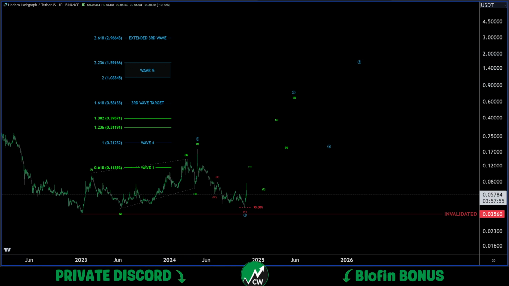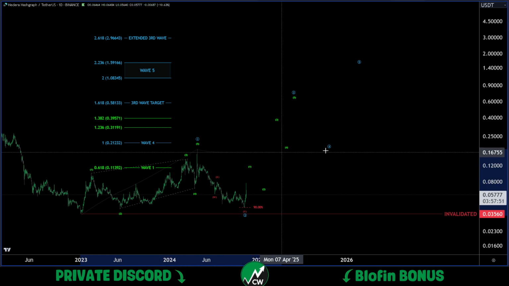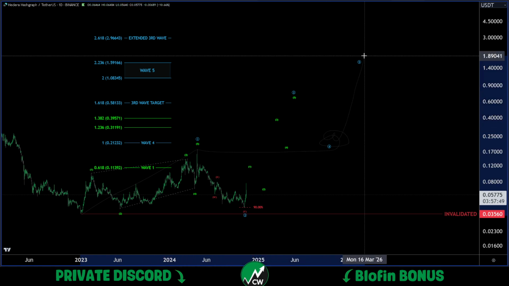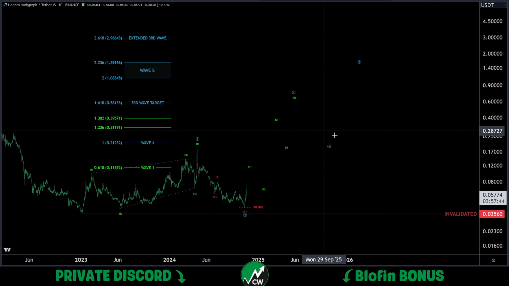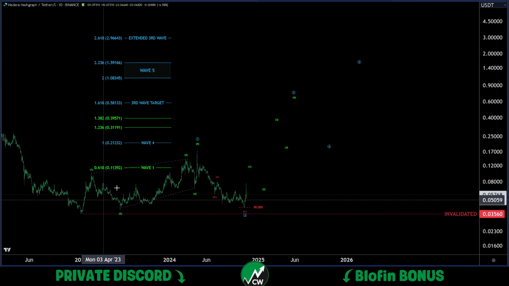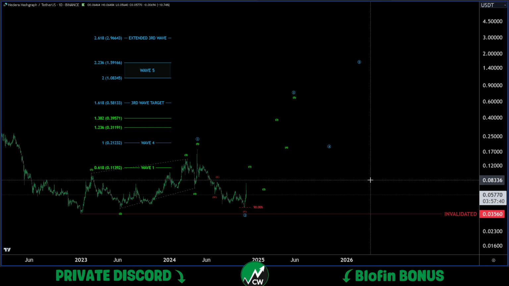It's kind of a wide range, but what we would do is take the length of our wave 1, extend it off of our wave 4 once it's complete, and target the 1-to-1. This is a rough guide because we only have a wave 1 and 2 to pull our fibs from.